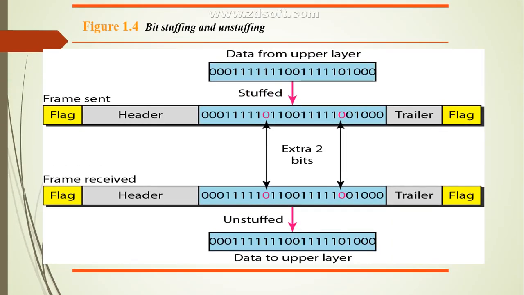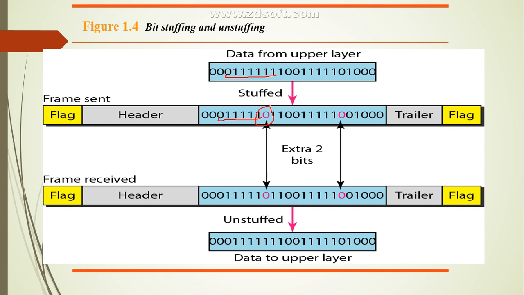Now see this figure, you would get a clear idea about this. You can see this pattern over here, the flag pattern, 0 111 111. If a 0 is there and 5 consecutive ones are there, we are going to add an extra 0.